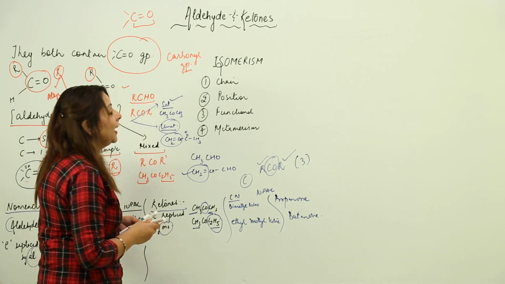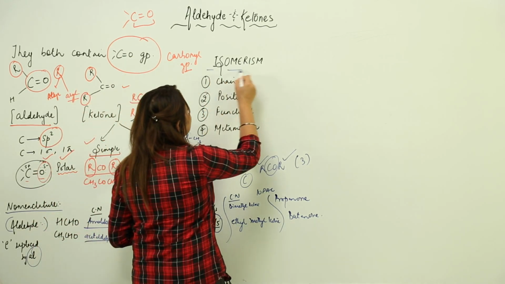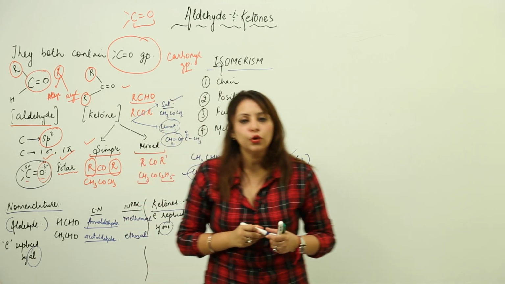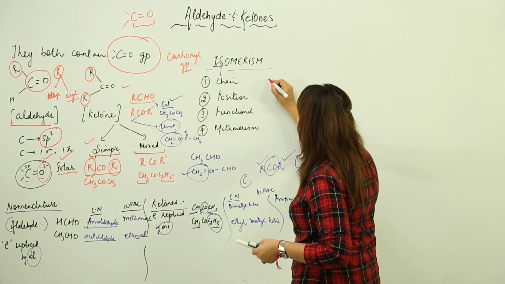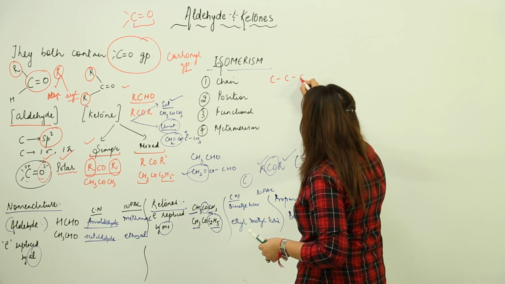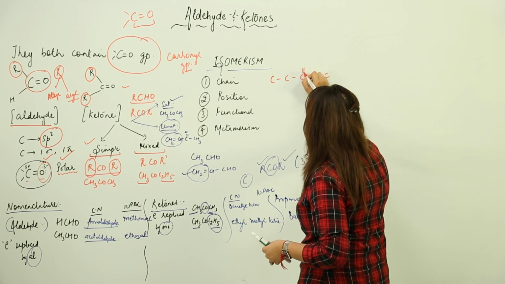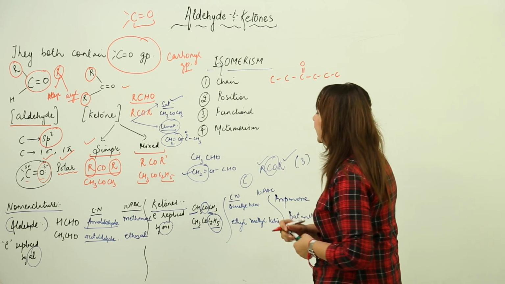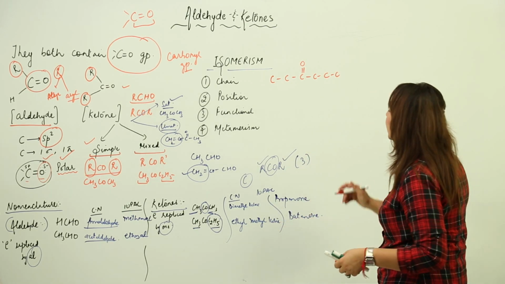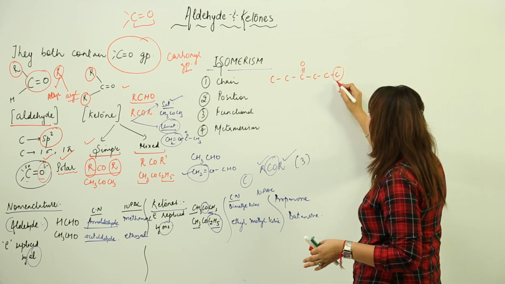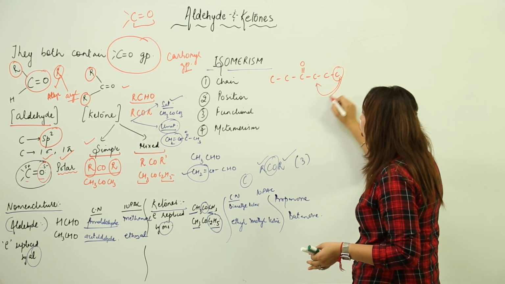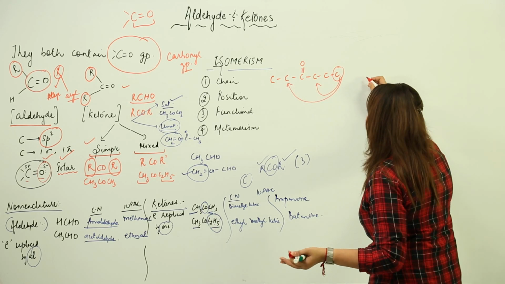And if we talk about isomerism, what kind of isomerism they can show, actually they can show chain isomerism. What is that? In chain isomerism, the chain gets shorter. This group may migrate to this place or to this place, so it may migrate to any of the places.